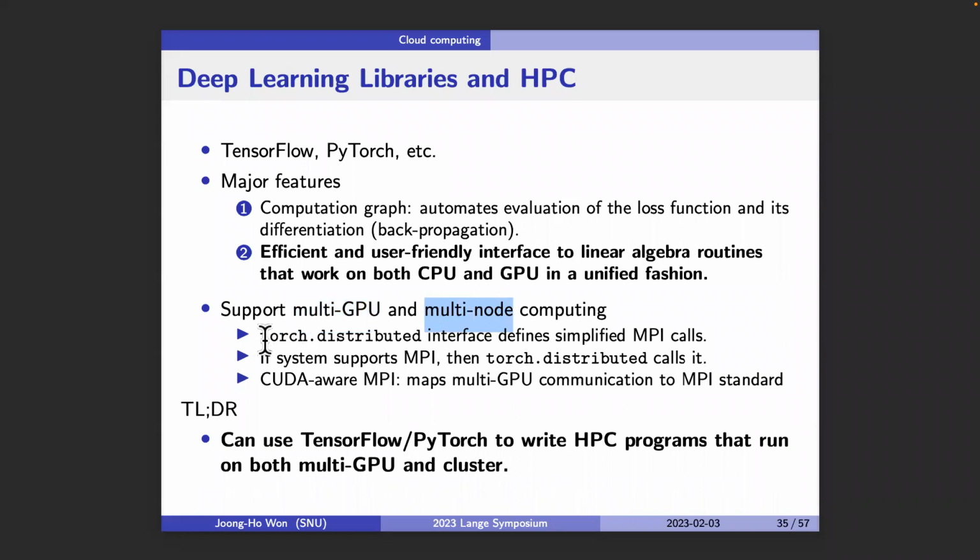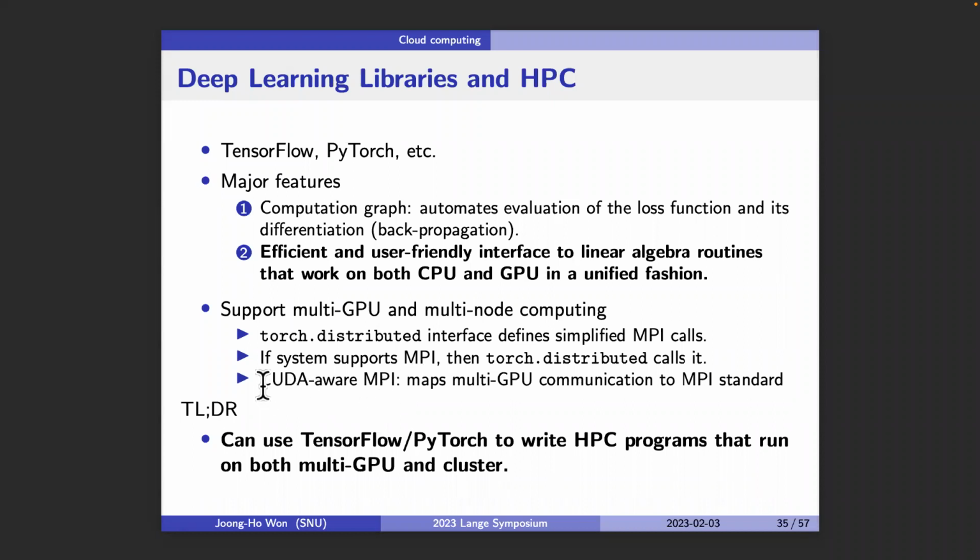So for example, PyTorch has a torch.distributed interface, which defines simplified MPI calls. And if the system is equipped with the real MPI libraries, then these simplified MPI calls are converted to the actual MPI calls. So it's quite a good abstraction that these neural network engineers have achieved.